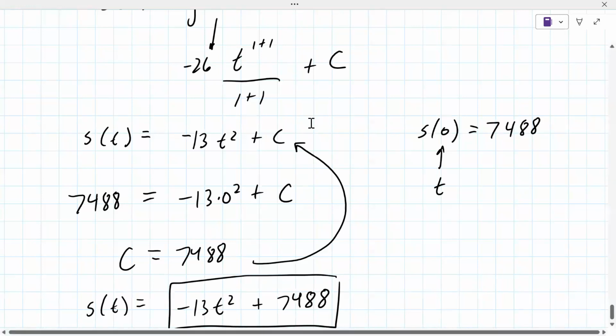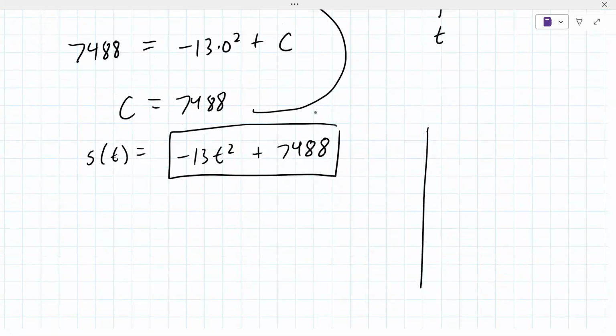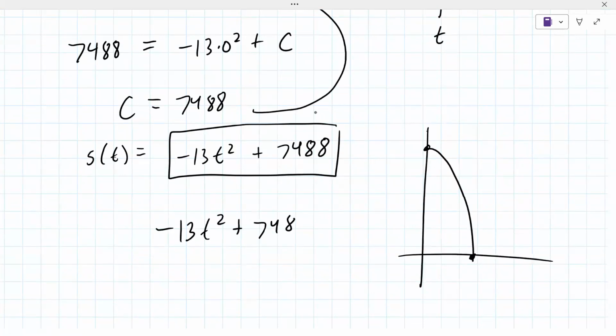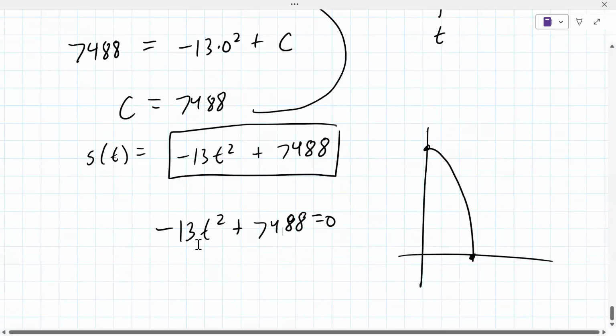The next box, it wants to know when it's going to hit the ground. So the graph of this is that it starts up here and it's the ground. Boom. We're setting this equation equal to 0. So this is not calculus. This is like your previous courses. You're just solving for t.